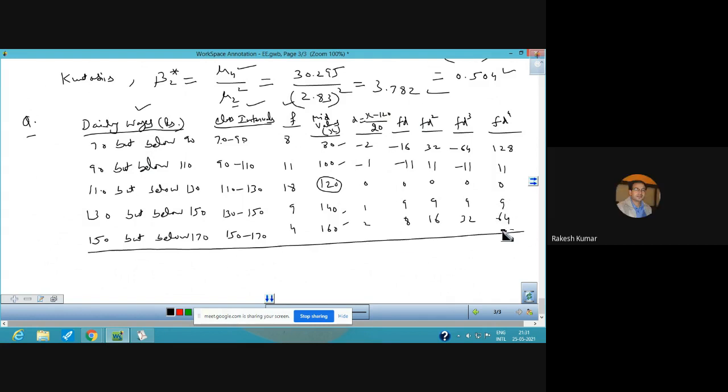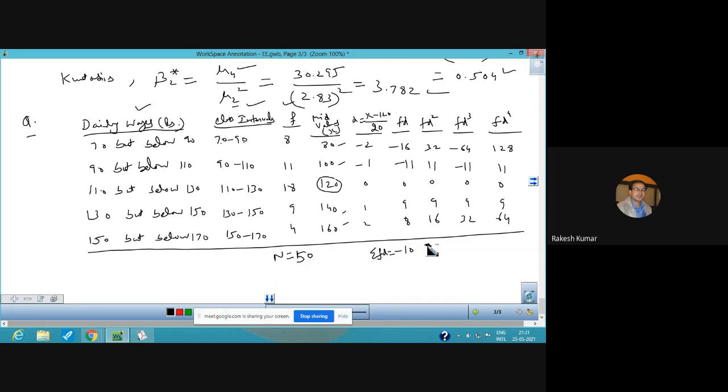Now you can write down the sum total values. The sum of frequency comes out to be 50, and summation fd is minus 10.